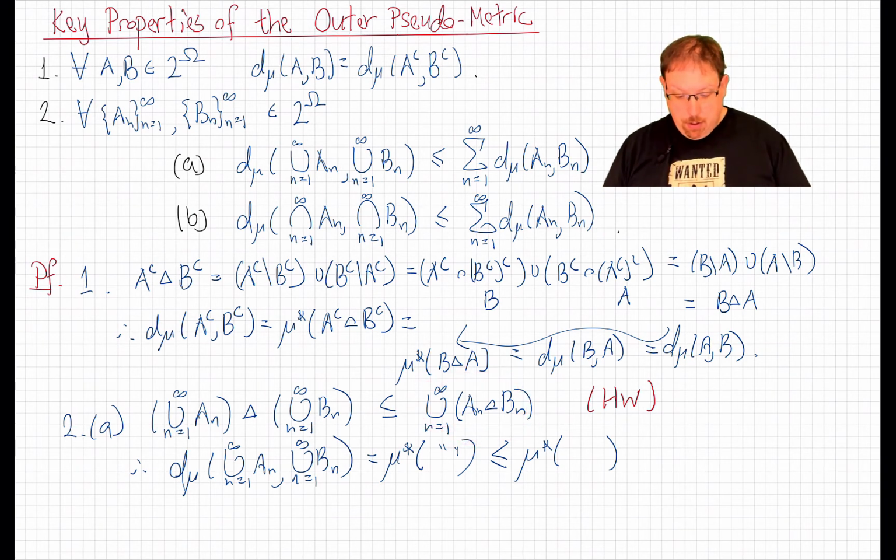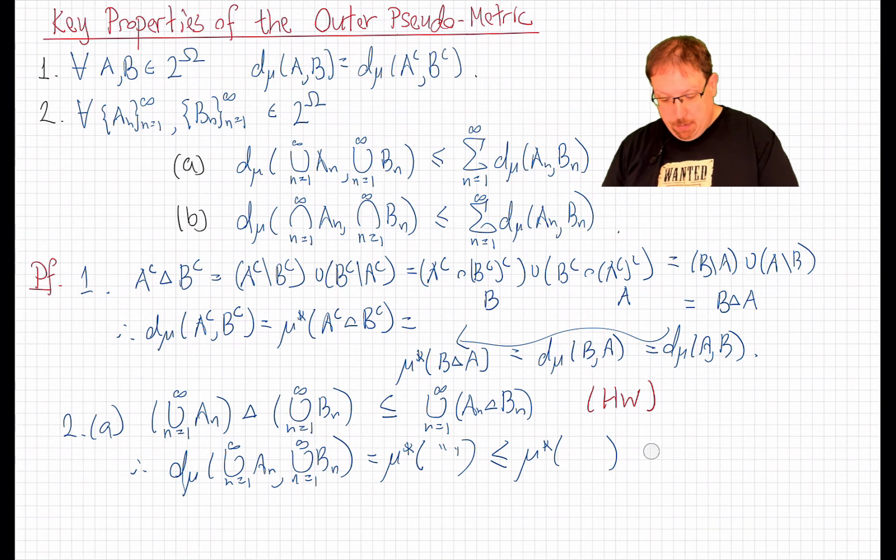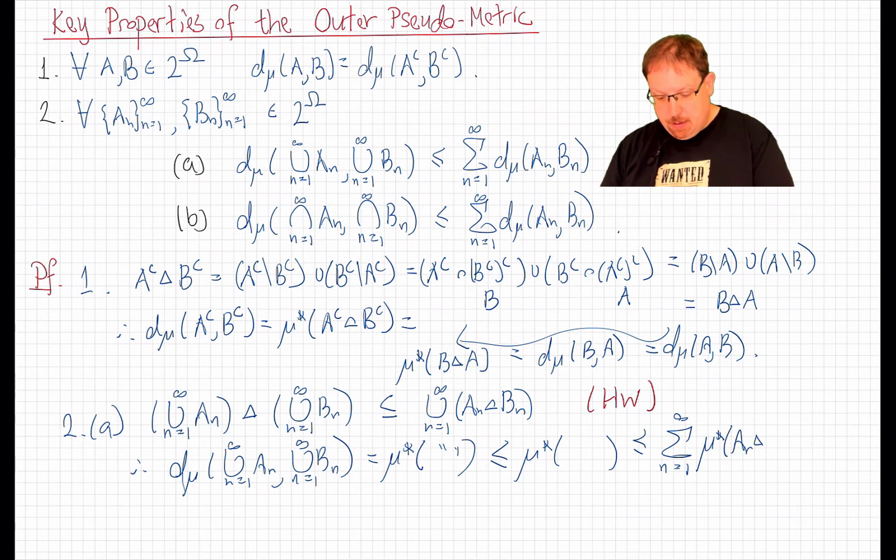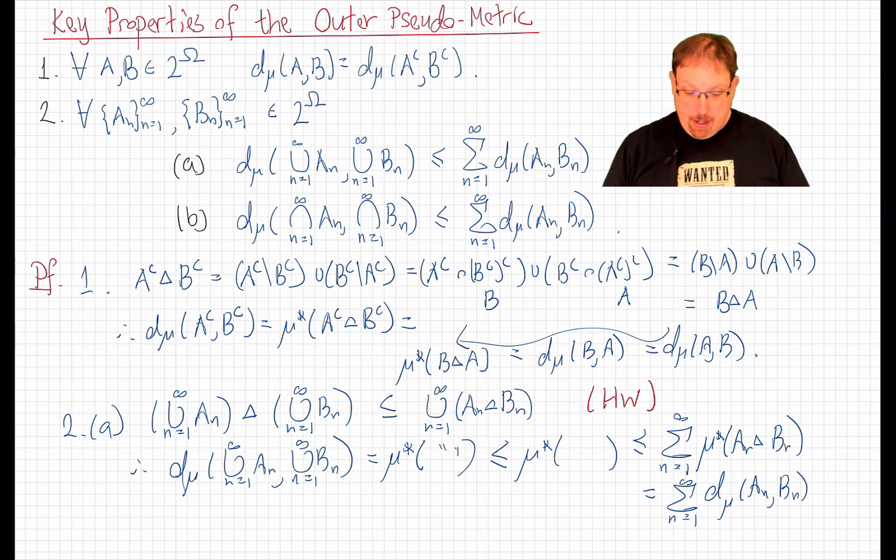But we also know that outer measures are subadditive over countable unions. That's part of the definition. And so that will be less than or equal to the sum of mu star of each of the terms, which is, by definition, the sum of the pseudometric between an and bn, concluding part A.